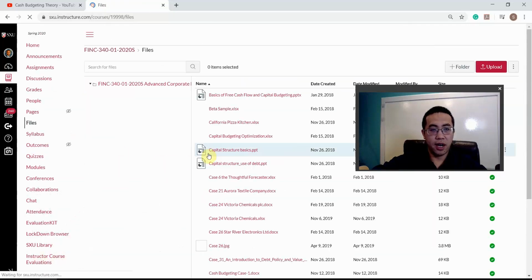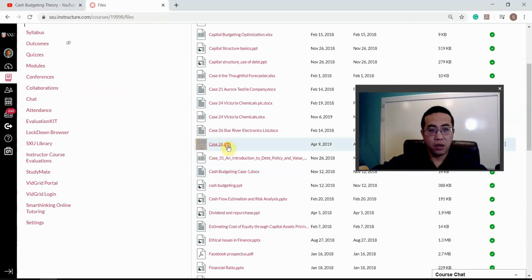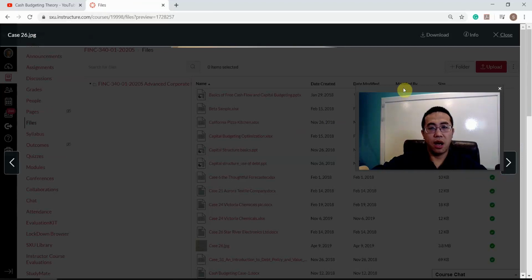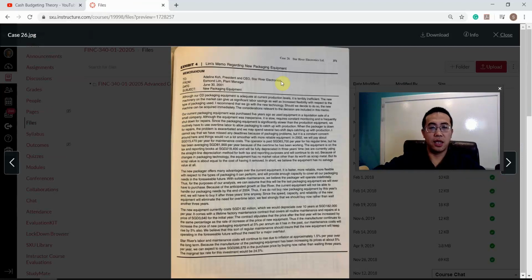If you check the files, right here is a photocopy of the case. This is just an example of the scenario you are facing if you are doing my cases. We're not doing it right now, but you do have to be aware that doing these cases, you need to conduct a lot of reading, and also brainstorm and extract the right information.